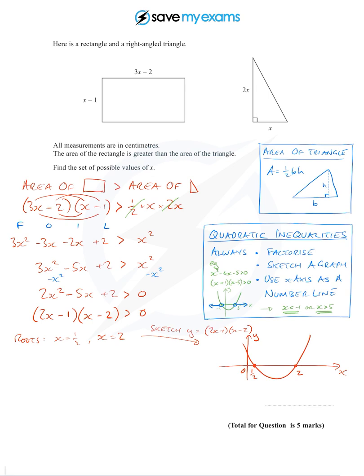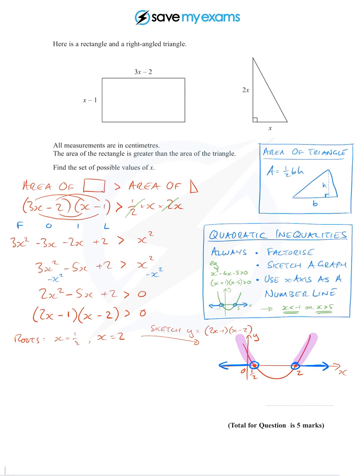Now, just like in the blue box, I'm going to look for the bits where y, because y is now this bit, is greater than 0. And it's clearly greater than 0 where the curve is above the axis. And in terms of x, that means it's anything bigger than 2. Notice the open circle means I'm not including 2. And anything less than a half.